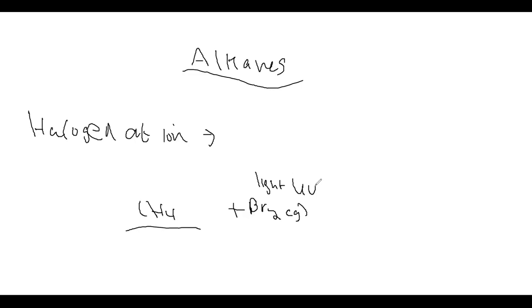bromine splits, and when it splits, what it does is it adds 1 bromine to this. So where you see CH, remember this is CH4. What basically happens is bromine in the presence of light is going to split.